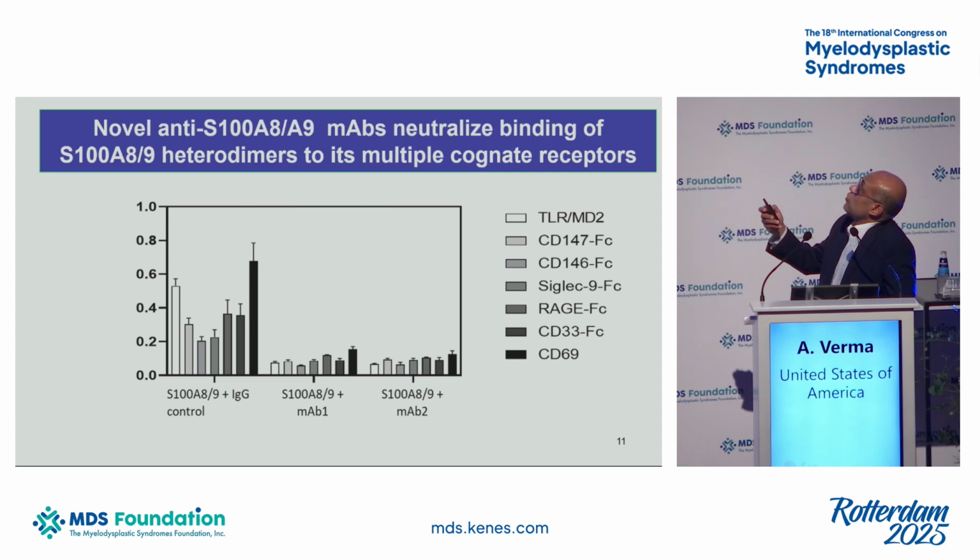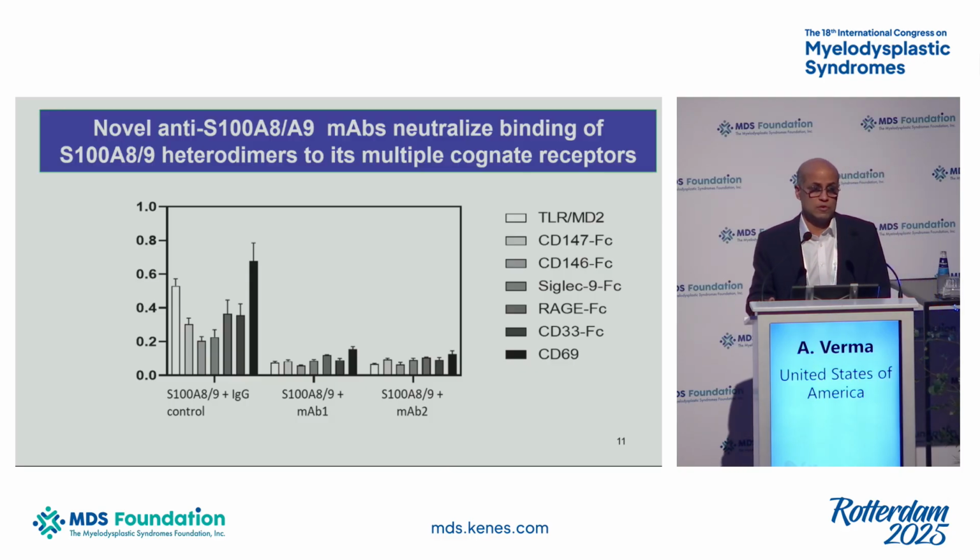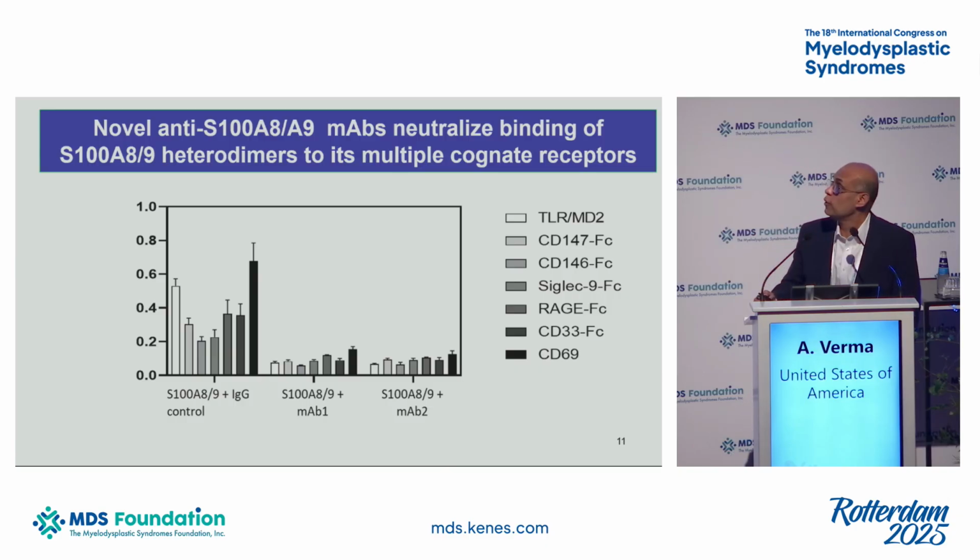And this is data showing that these monoclonals can inhibit the binding of the heterodimer, not just to TLR4 and RAGE and 33, but also we have found some other receptors that are important in the inflammation cascade, and also CD69, which is not just on myeloid cells, but a prominent receptor on lymphoid cells.